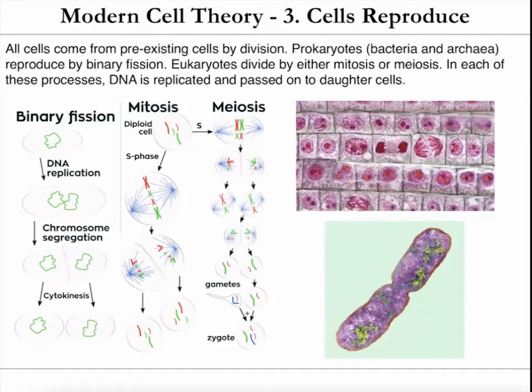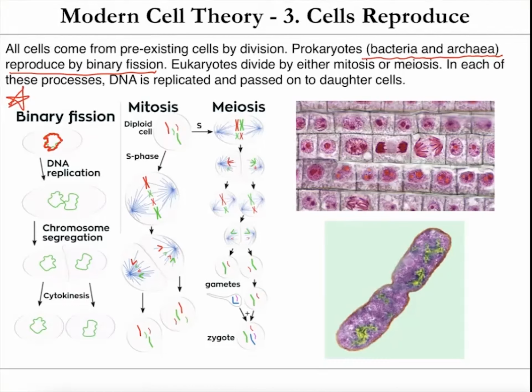We'll talk about the difference between prokaryotes and eukaryotes in a bit, but prokaryotes, which are bacteria and archaea, will reproduce by something called binary fission. That's outlined right here. These are more simple cells, and their DNA is just floating around in the cytoplasm for the most part. It's organized a little bit.